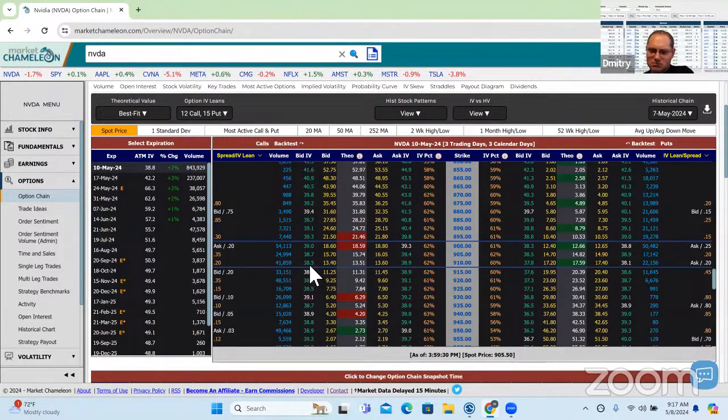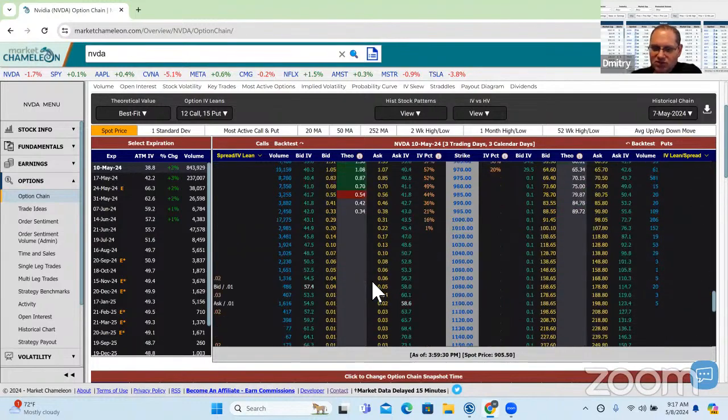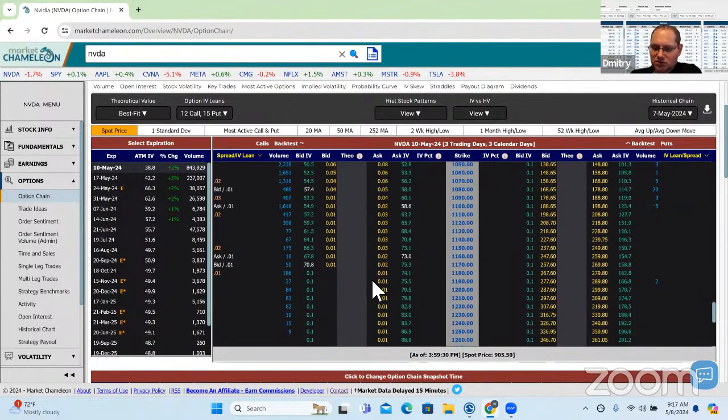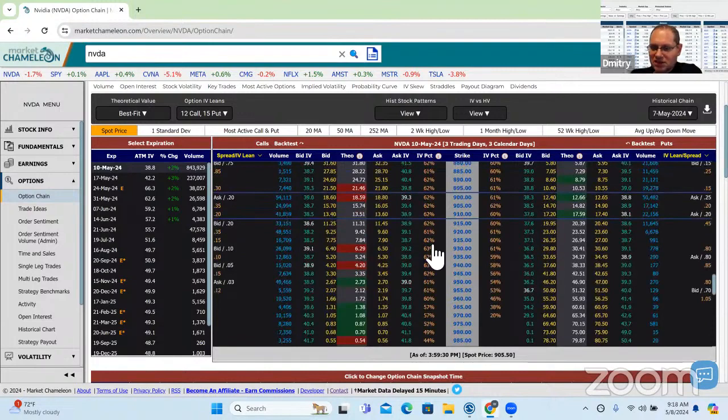Now, we're looking at this and saying, okay, there are different ways we could use it. Here we do see different leans on different options. If we were looking for a particular option, maybe an upside call, we could see where there are leans in upside calls.